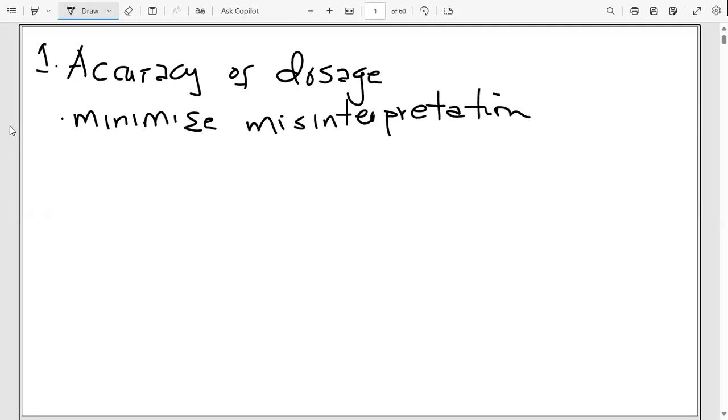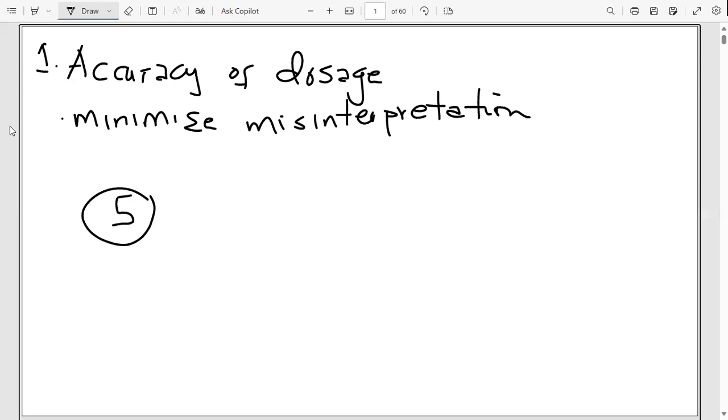Because if I give someone a drug and the drug is only written 5, you don't know what this 5 is because this is just showing us the magnitude and it isn't showing us the units of measurements that you are supposed to use.